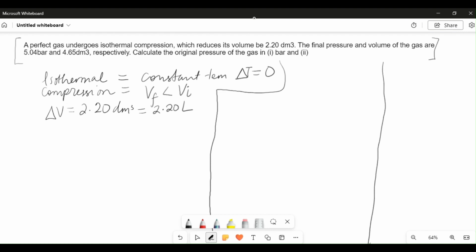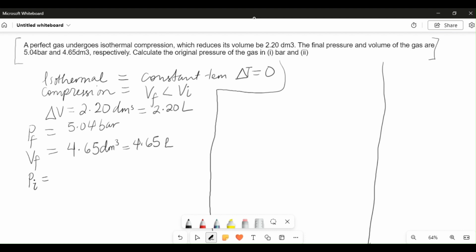Now they gave us the final pressure, P final, and the final volume, V final, which are 5.04 bar for the final pressure, and 4.65 dm cubed, which is the same thing as 4.65 liters. Calculate the original pressure. So we're asked to find P initial.